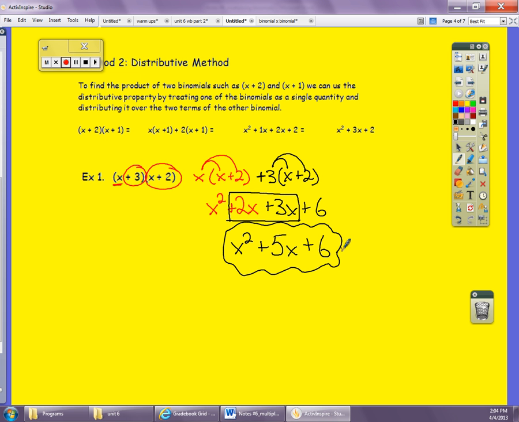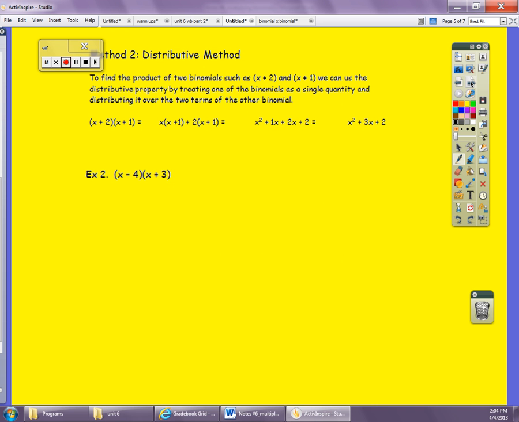So with this method, distributive method, we're taking that first binomial and breaking it down to x and a positive 3, and then multiplying the second term by that.